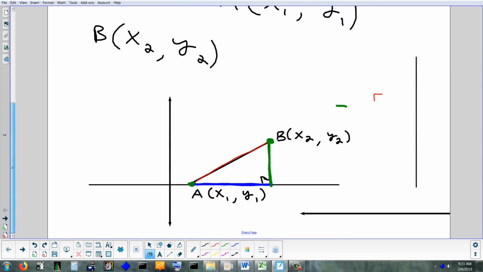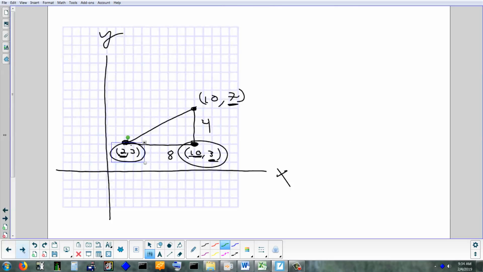So let's see if we can do the same thing here. I've labeled coordinates A and B. I'm going to label this coordinate in the lower right. How could I label it? The labels that I need for it are already on the board. If you look at the pattern here, all you really have to do is look at this coordinate, look at this coordinate, and pull a piece of information from each of them.